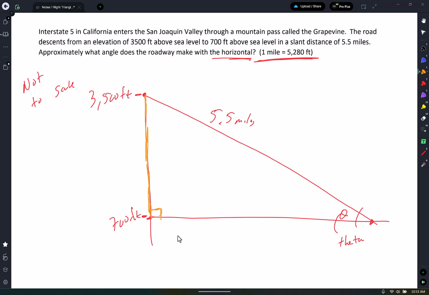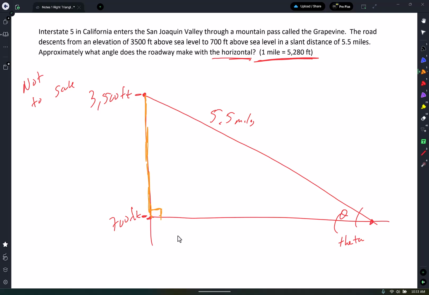I was 3,500 above sea level. And then I went 5.5 miles down, and now I'm only 700 feet above sea level. So what is this segment here in burnt orange? Up here I was 3,500. Now I'm at 700. What is this gap?